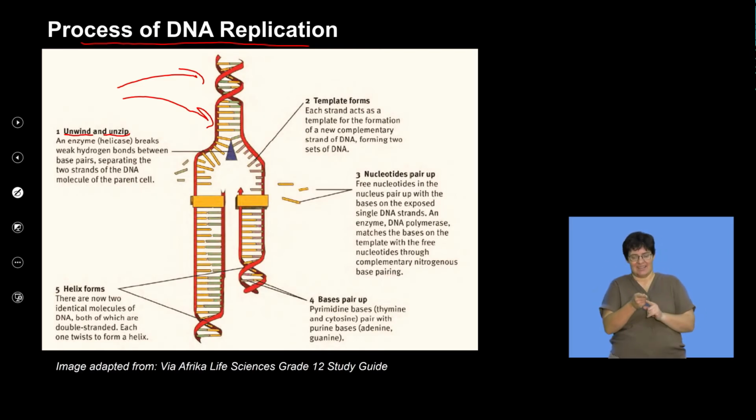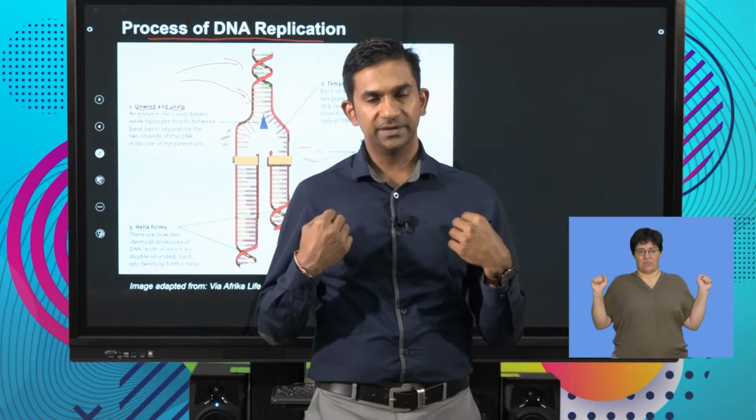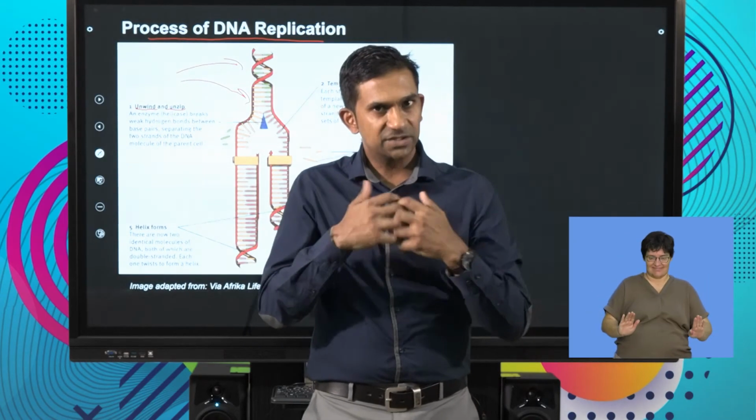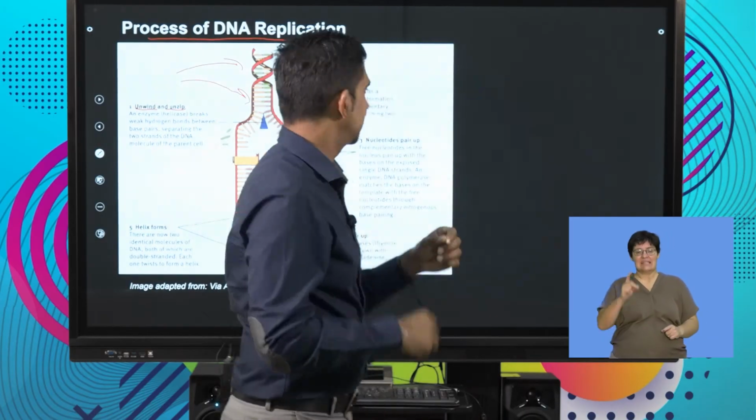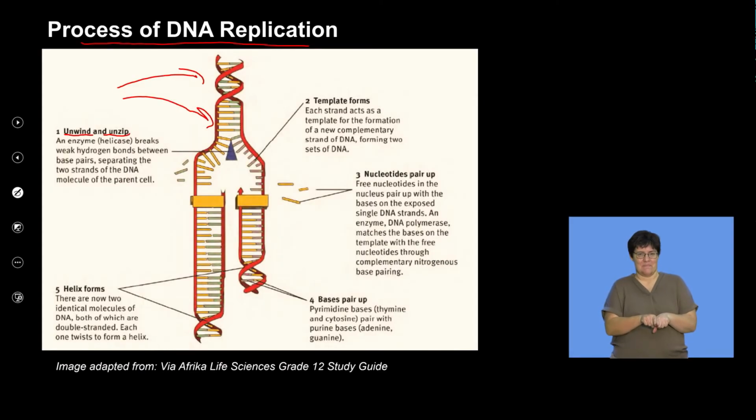If you think of a zip on a jacket, it allows you to open the halves that are combined together. Similar to that, DNA is held together by hydrogen bonds, and these bonds need to be broken. We have an enzyme called helicase that breaks the weak hydrogen bonds, and here you can see that enzyme illustrated by this arrow.